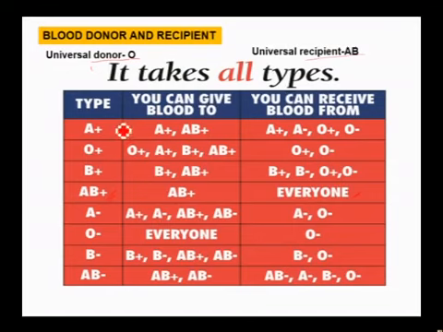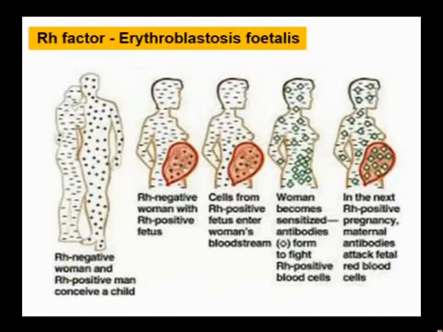Are you seeing something plus has been marked and negative has been marked over here? Plus is given as a symbol if they have another antigen called RH, rhesus factor, over the membrane of the RBC. If the person's RBC on its membrane does not possess this RH antigen, then we consider his blood group to be negative.